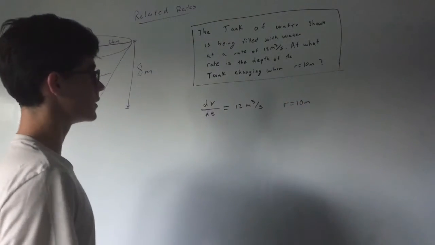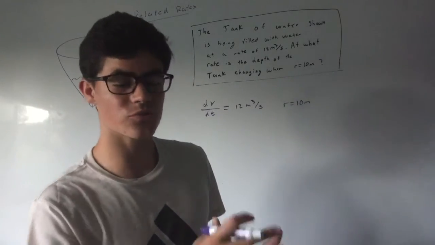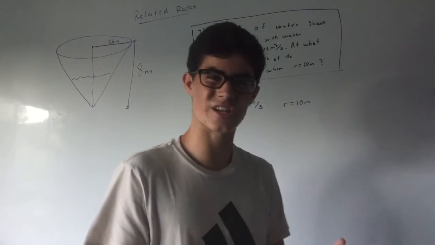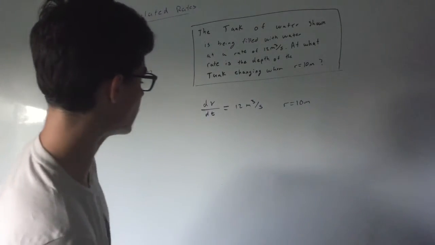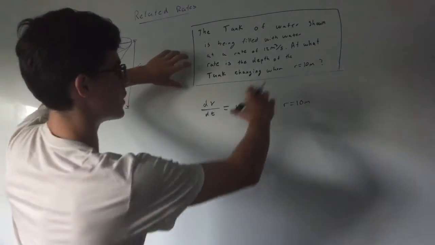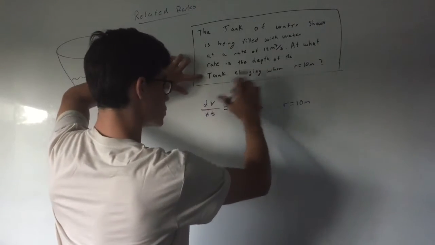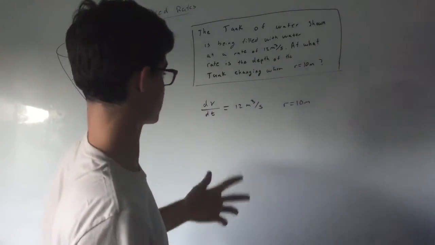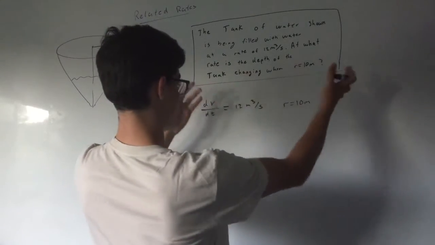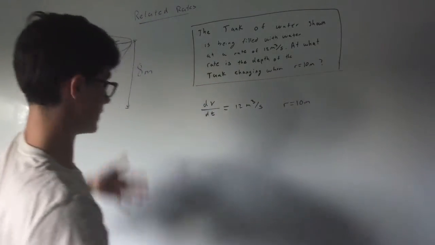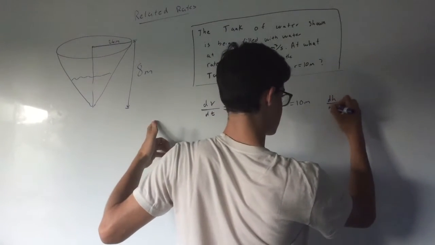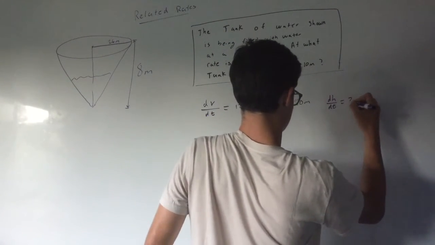And probably the most crucial part of this step is, what are we looking for? What is this question asking? At what rate is the depth of the tank changing at this certain time, basically? So we're looking at the depth change. If we name the depth h, we could represent this as dh/dt.